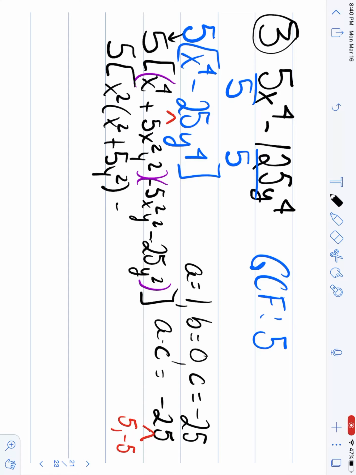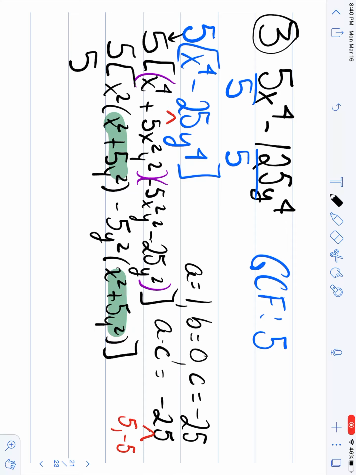And in the second group, we're going to pull out a negative 5y squared, okay, because I need the signs to be the same in my groups. It's going to become x squared plus 5y squared. Okay, my groups match.